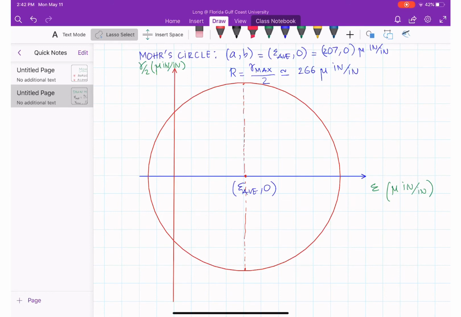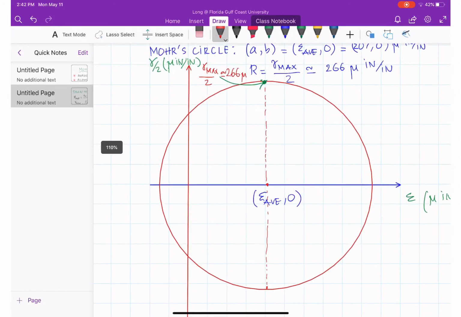So from that, we have this point. This point is gamma max over 2, which we already know is 266 micro.